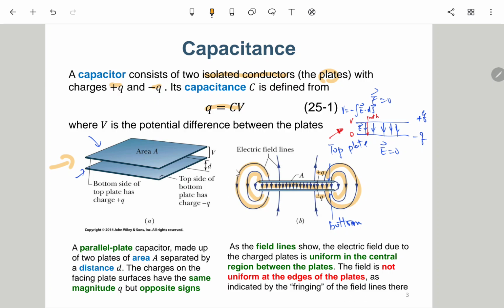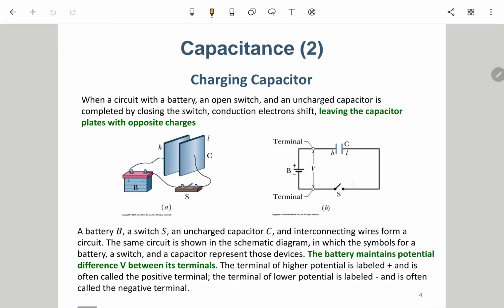OK，就是有些边际的电场在外面。Okay, so here we have a practical device to form a simple circuit. Here this part is the capacitor.